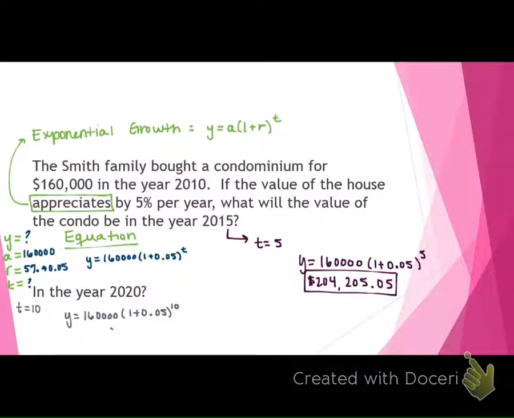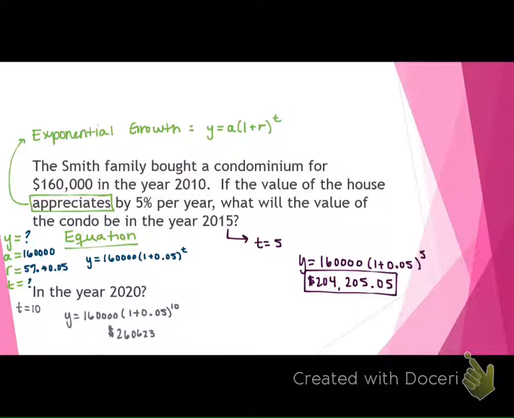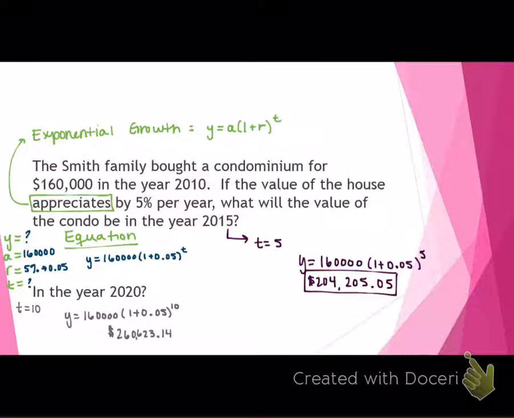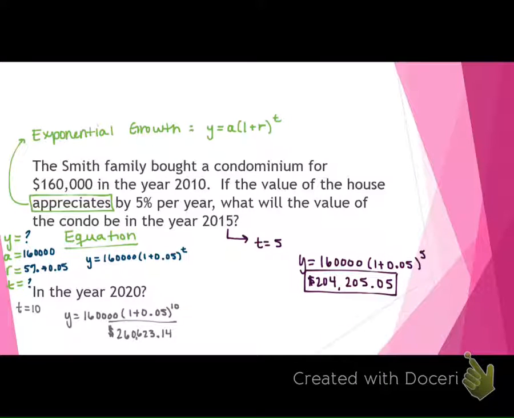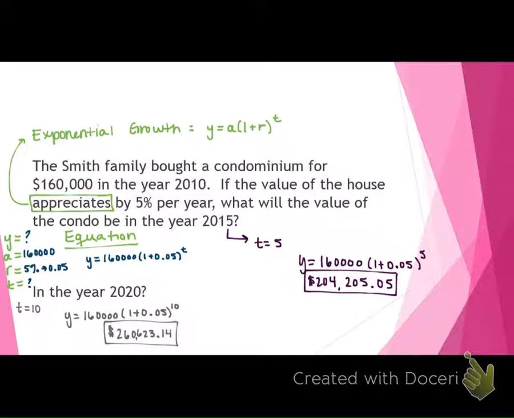If you didn't get it, let me know. $260,623.14. Did anybody not get that and need help plugging stuff into their calculator? Are you getting these, Hannah? Okay. All right, so what questions do you have about the very first example? Okay, when you're ready, go ahead and flip to the next page.